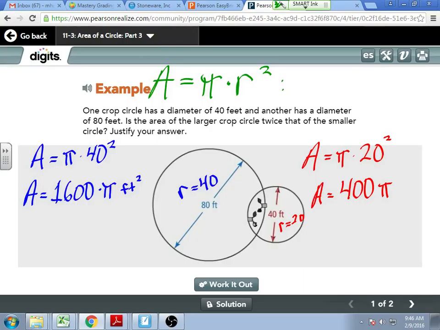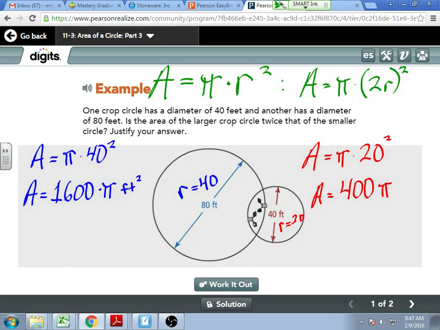So when I double my radius, look at what we're really doing. We take it from pi r squared to pi times 2r squared. And when I double my radius before I square it, think about what happens when I do this math. The 2 would get squared.